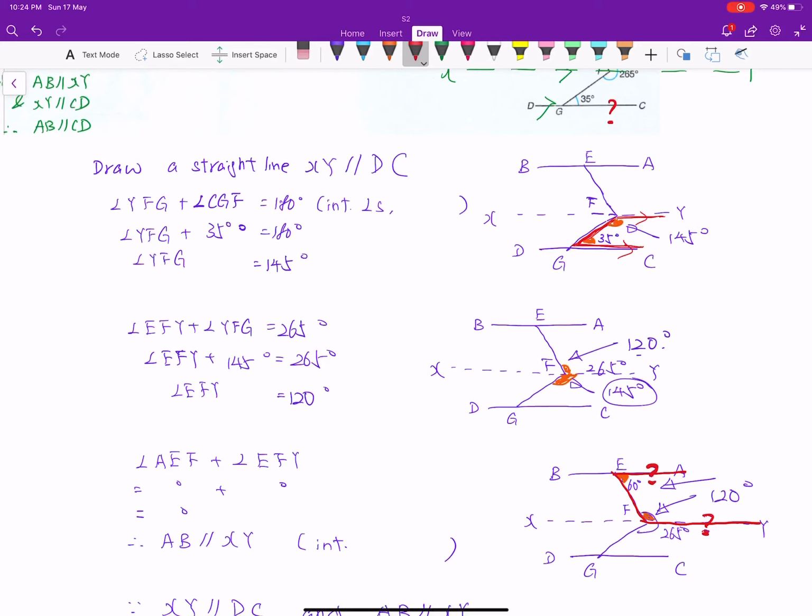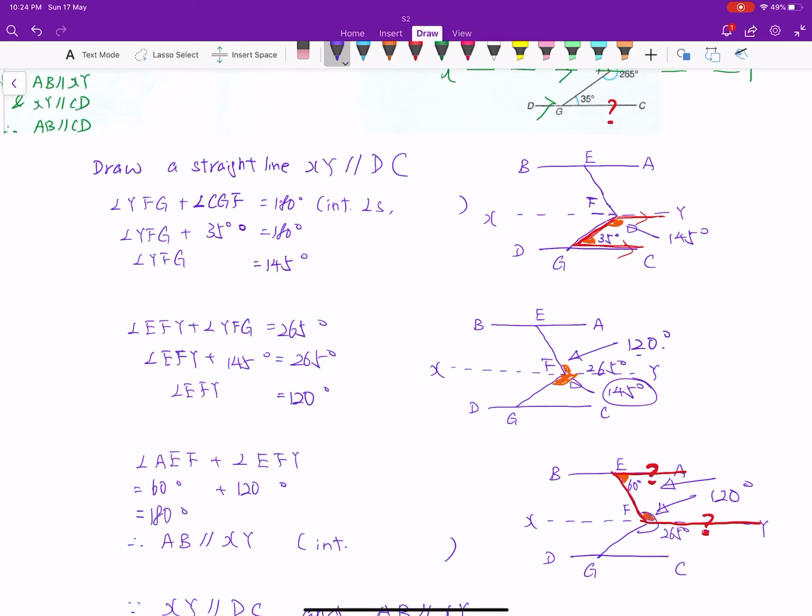If yes, then we can say these two lines AB and XY are parallel. Okay, let's check. AEF equals 60 degrees, EYF equals 120. After calculation, it is 180. Okay, so these two angles sum up to 180, so we can say AB is parallel to XY.